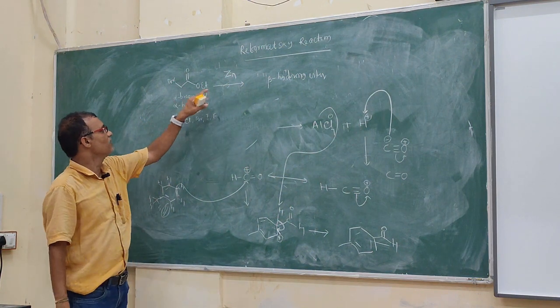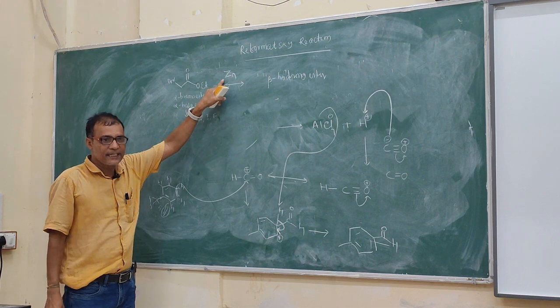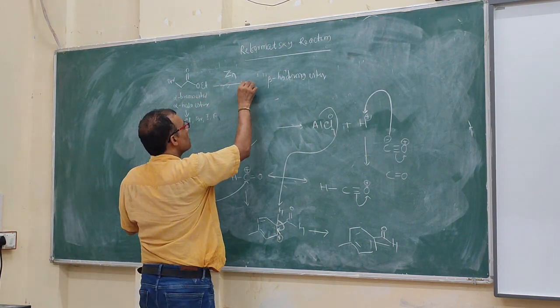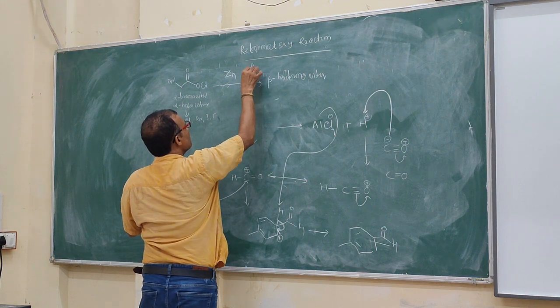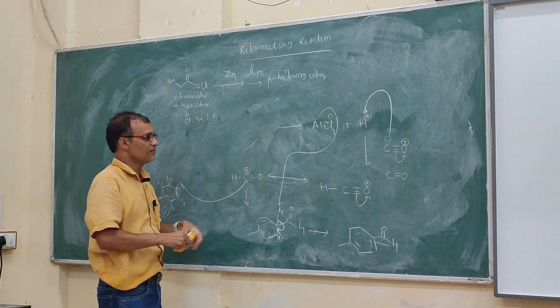That means first we will see what happens if you give alpha bromo ester with zinc. It will form an enolate. That enolate subsequently will attack someone. Suppose you give acetaldehyde, then that will attack here. You get this. So let us see the example.